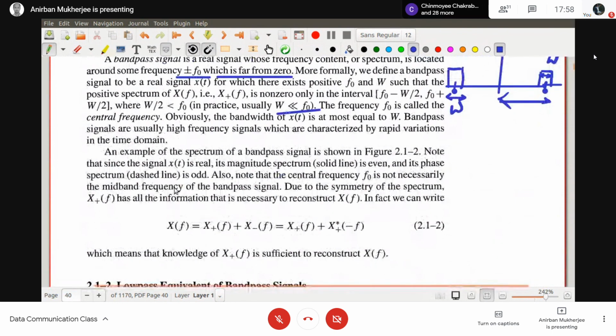See that it is shown in figure 2.1 that the phase spectrum, the dashed line, is odd.